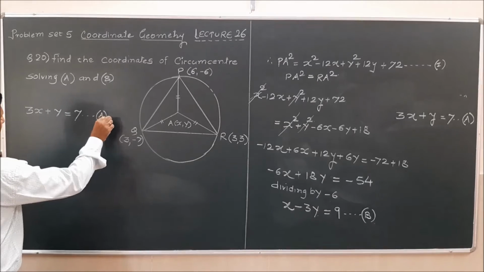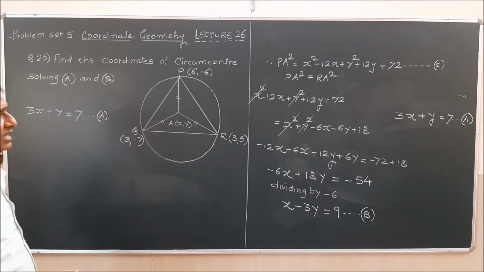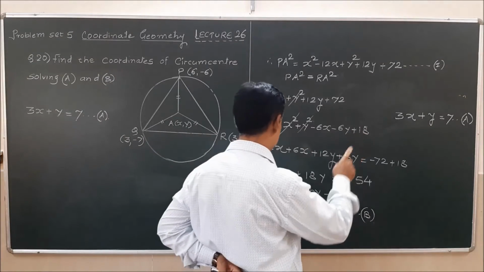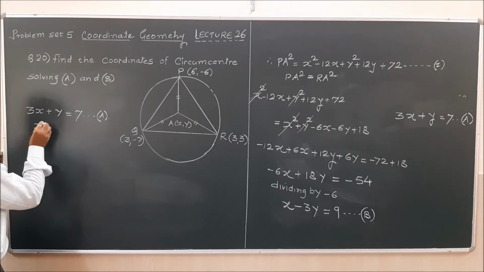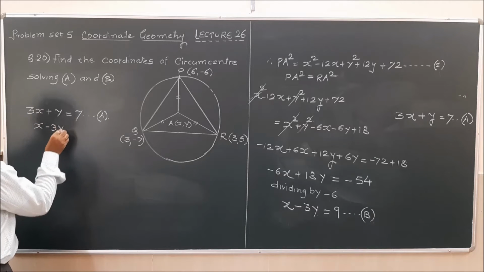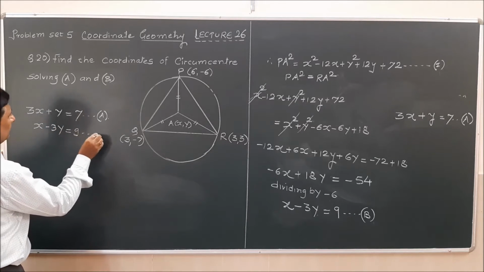A. This is our first simultaneous equation, 3x plus y is 7. x minus 3y is equal to 9.